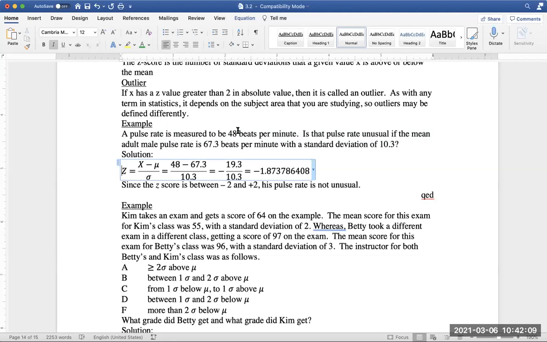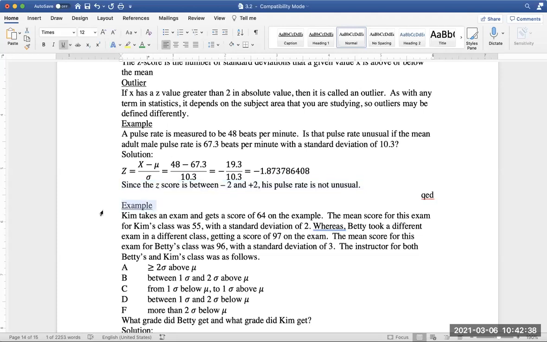So x is 48, mu is 67.3, over sigma, 10.3. So I get a negative 1.873786408. Since this z-score is between plus or minus 2, this is not an unusual pulse rate.